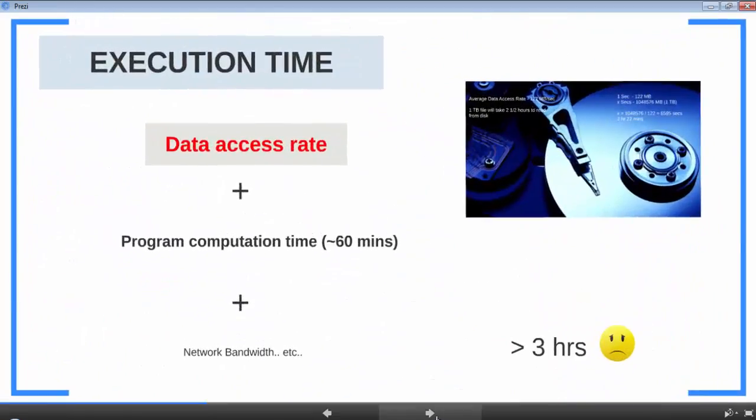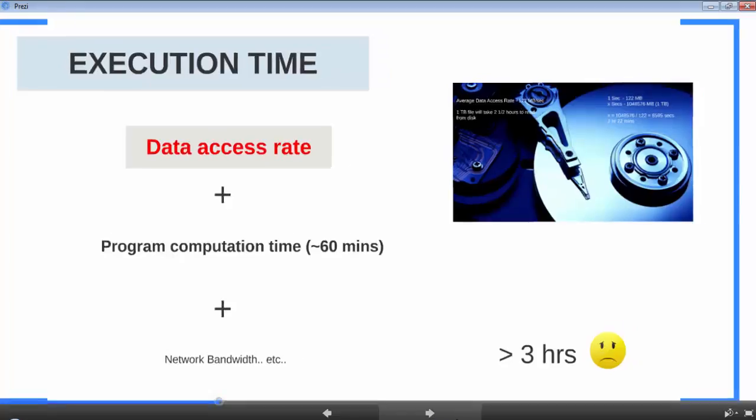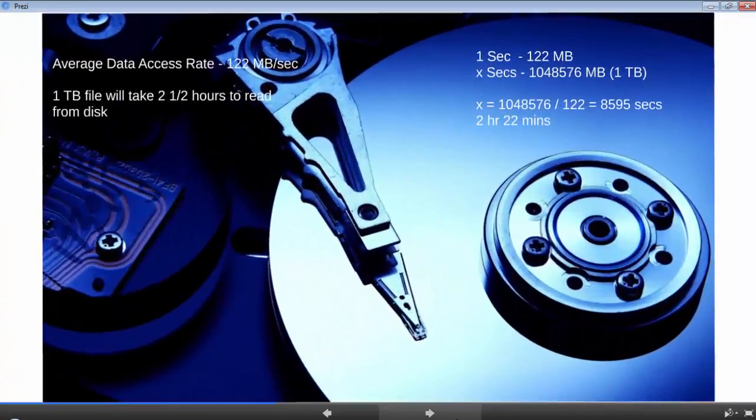For the program to work on the dataset, first the dataset needs to be copied from the storage to the working memory or RAM. So how long does it take to copy a 1 terabyte dataset from storage? Let's take our traditional hard disk drive. That is the one that is connected to a laptop or workstation, right?